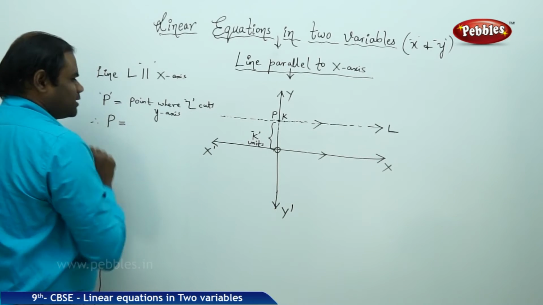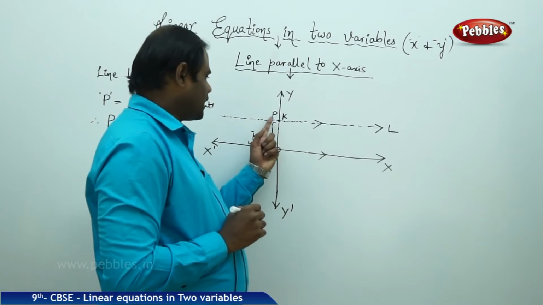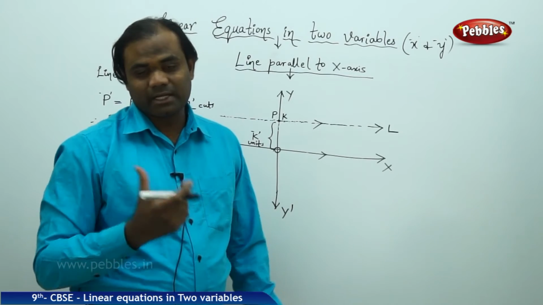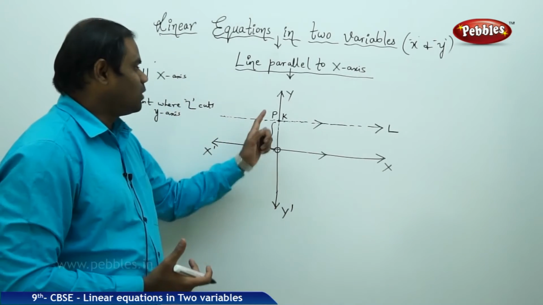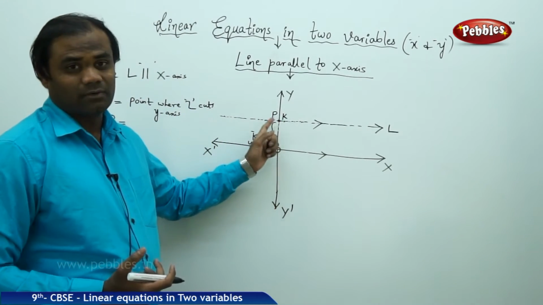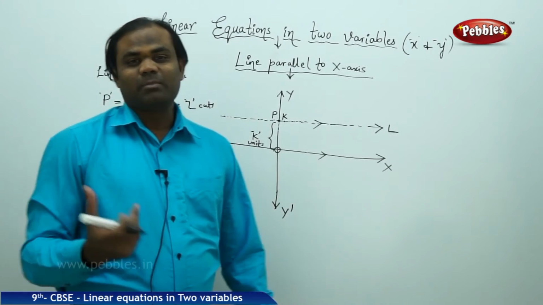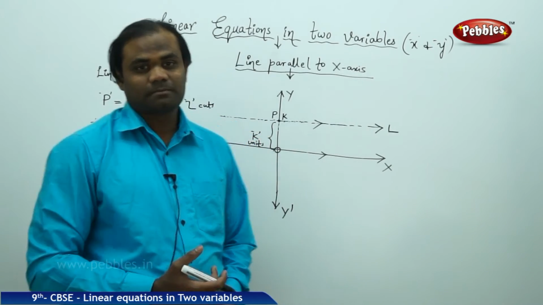Therefore, the coordinates of P, because this is the y-intercept, simply because the line cuts the y-axis at the point P, P must be the y-intercept.